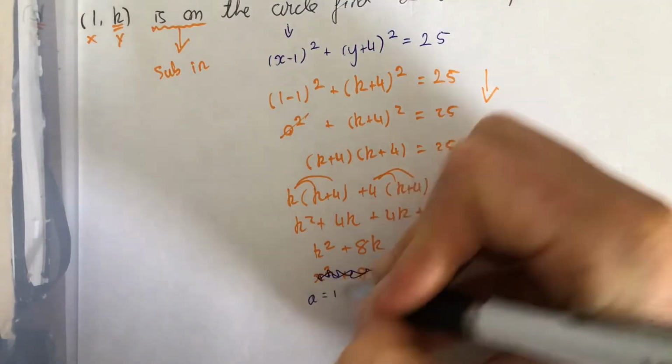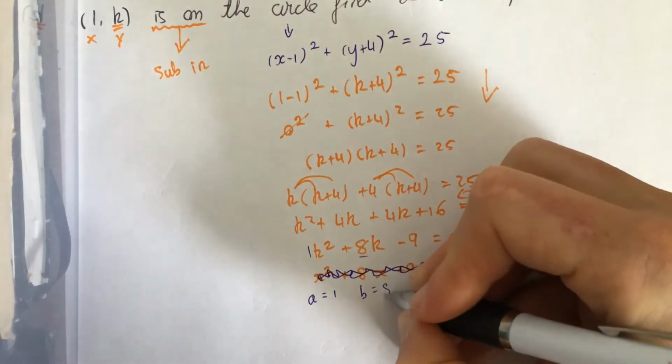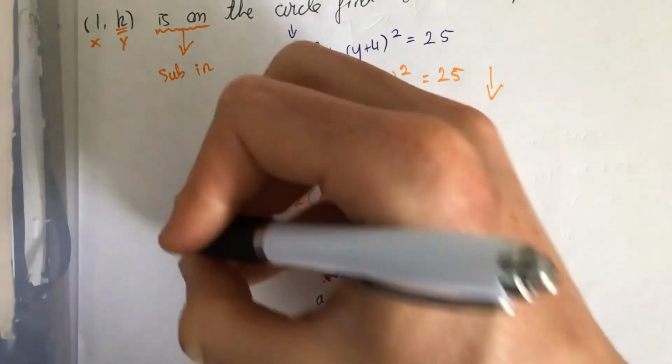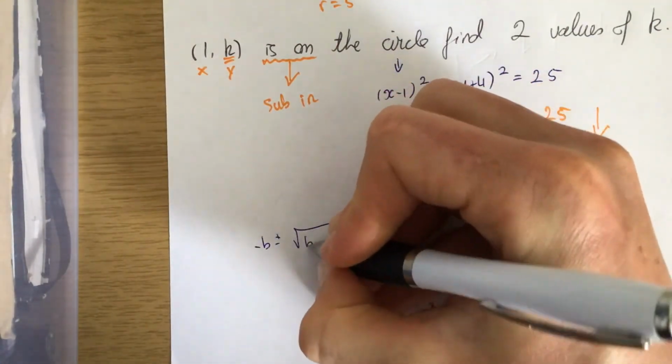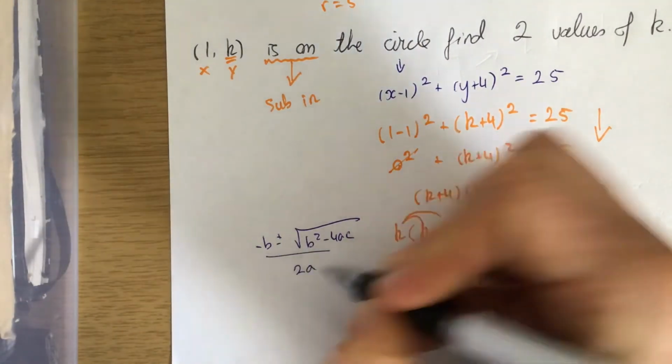So a would equal 1, b would equal 8, and c would equal minus 9. So your minus b formula, I'll write it here, is minus b plus or minus the square root of b squared minus 4ac, all over 2a.